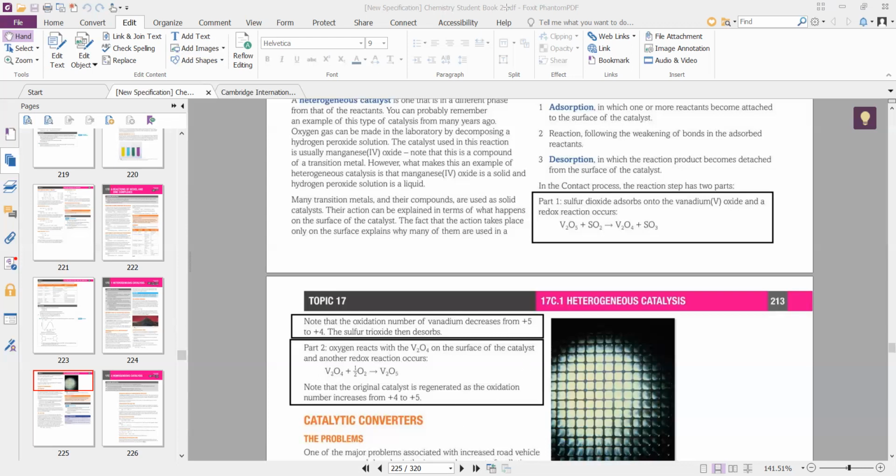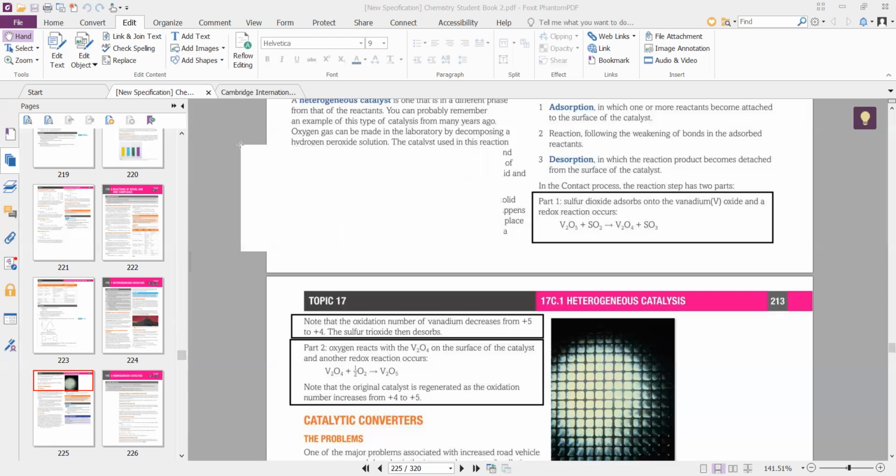The reaction that vanadium 5 oxide is involved in is this. Okay, you can copy this. Now copy the details, not the diagram.